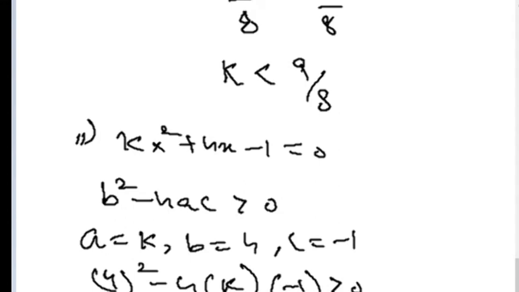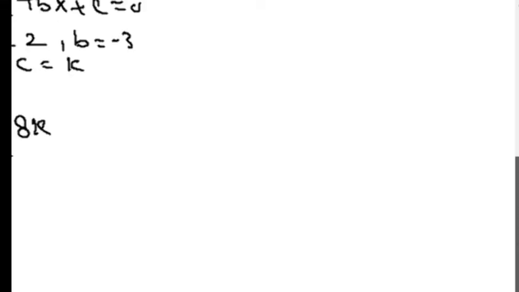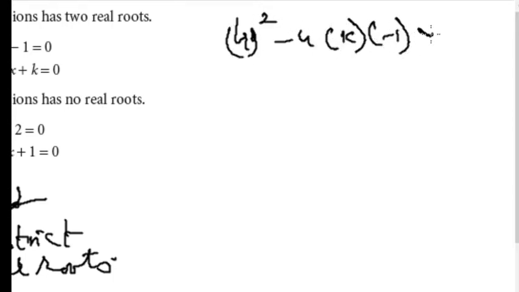So 4 square minus 4k into minus 1 is greater than 0.